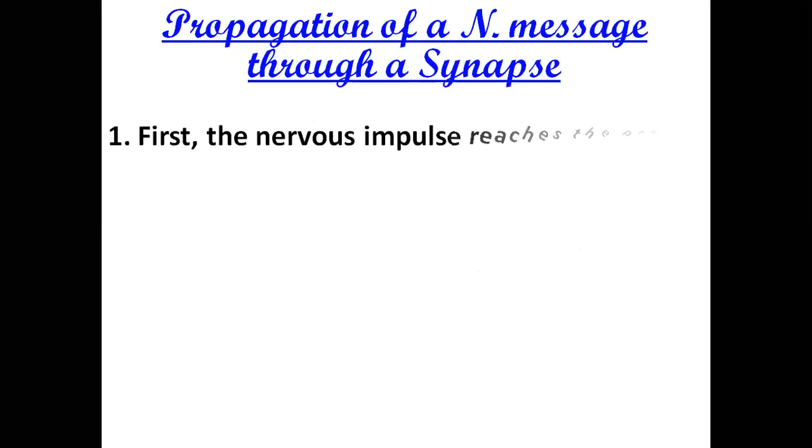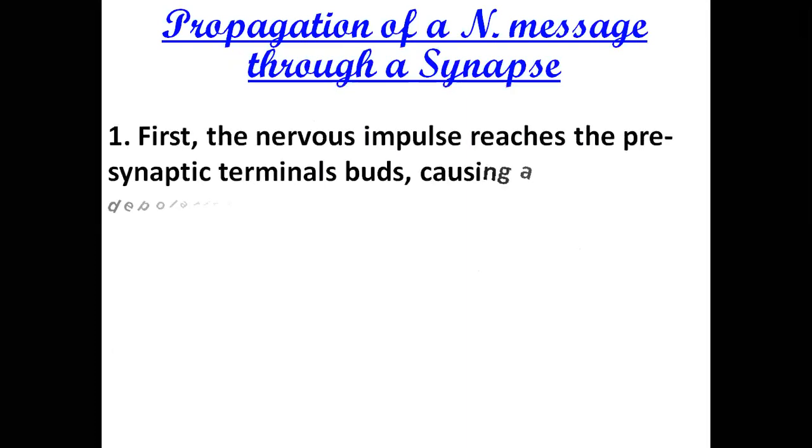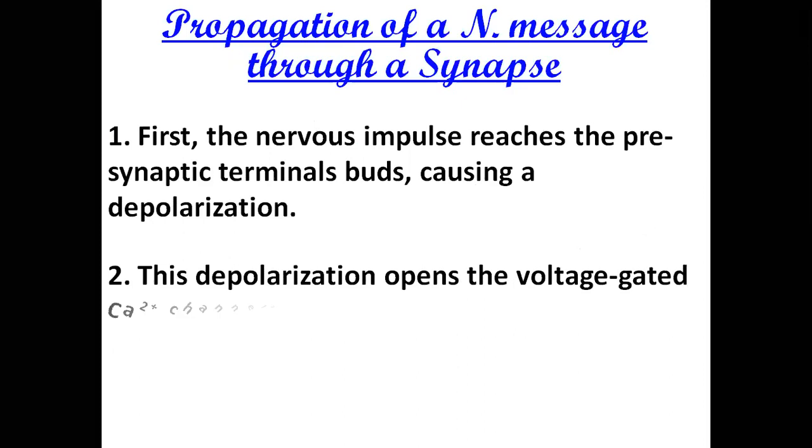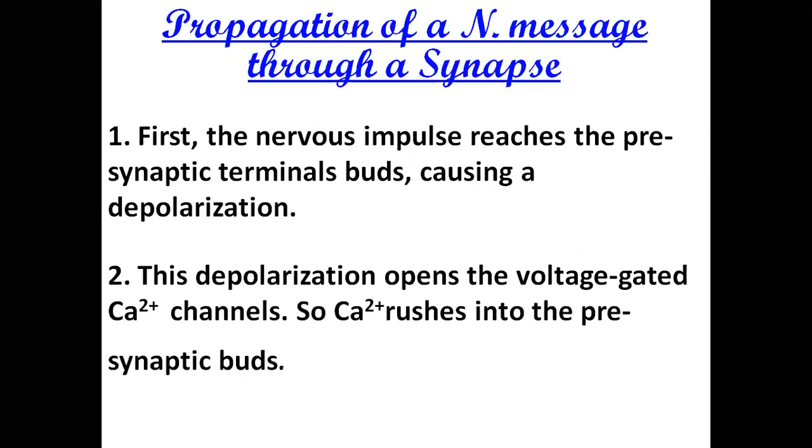These are the steps of propagation of the nervous message through the synapse. First, the nerve impulse reaches the presynaptic terminal and causes depolarization. Number two, this depolarization will open the voltage-gated Ca2 plus channels. Here we have a new ion. Last time we talked about K plus and Na plus.